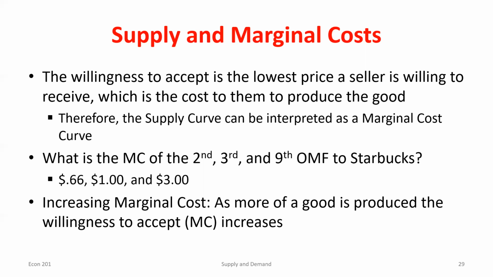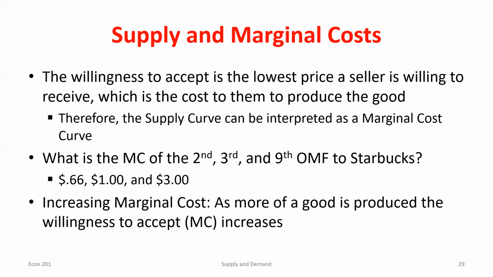Okay. So for a seller, what's the marginal benefit? That's actually the price, right? It costs the producer something to make the good, and then the benefit is whatever they can sell the good for, whatever the price is, right?